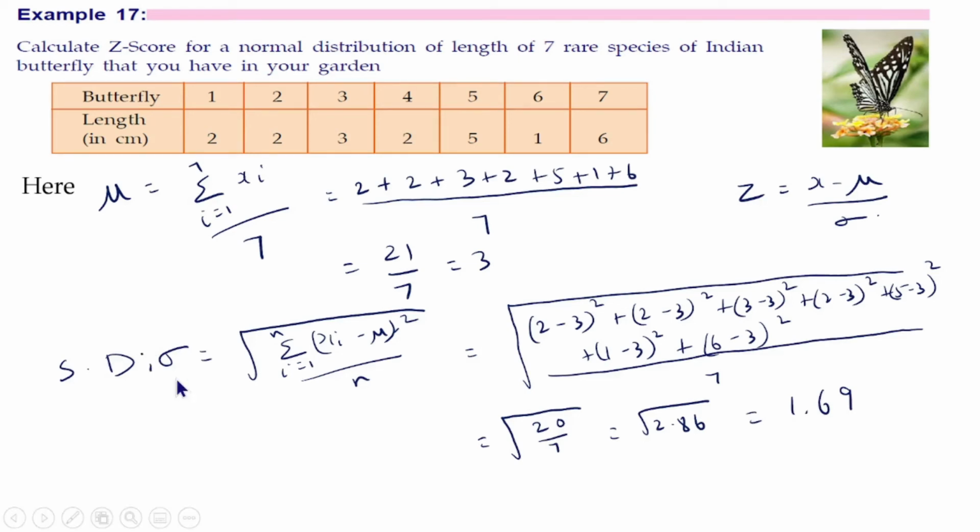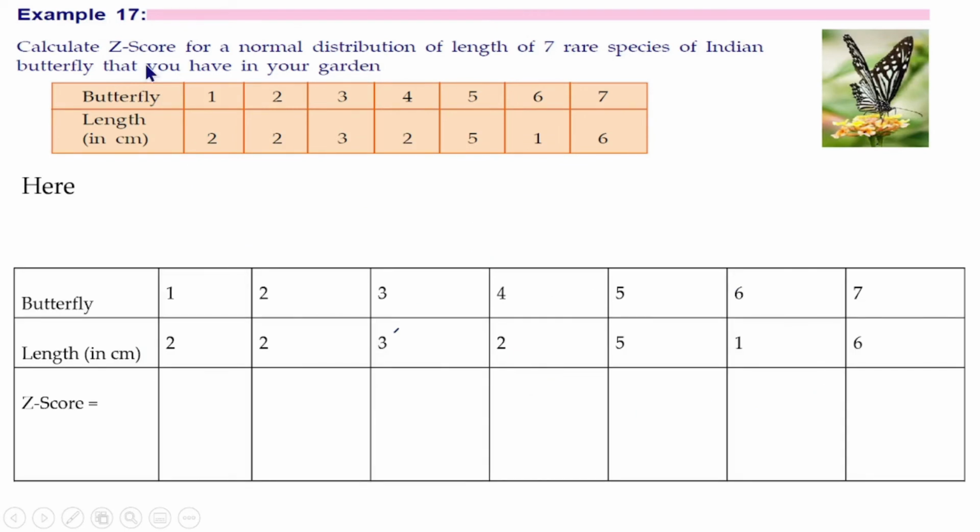Now let us find the z-score. So here we have the 7 species of the butterfly and then the length of each species, and we just now found the mean as 3 and standard deviation as 1.69. So the z-score can be calculated as x minus mu by sigma.